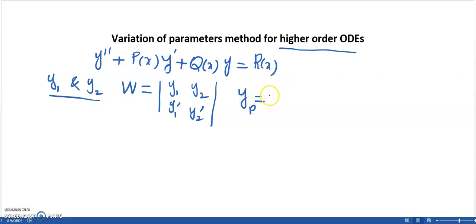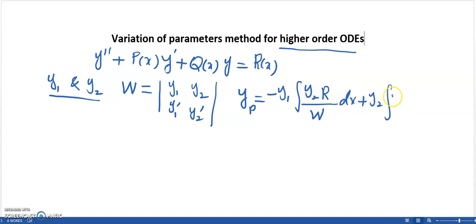The formula is minus y1 integral of y2 r, where r is understood as a function of x, divided by W, plus y2 integral of y1 r over W. This is the formula which is applicable for a second order ordinary differential equation.